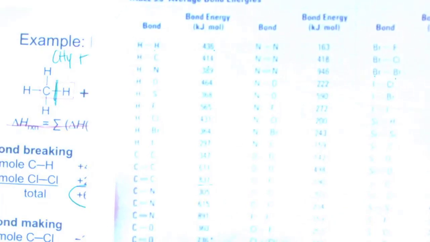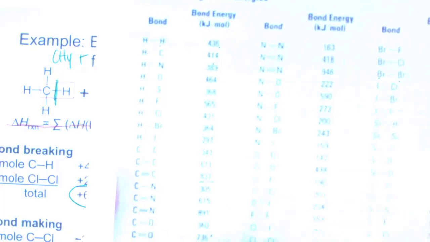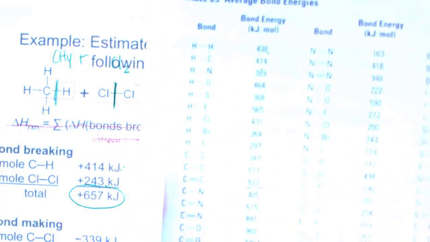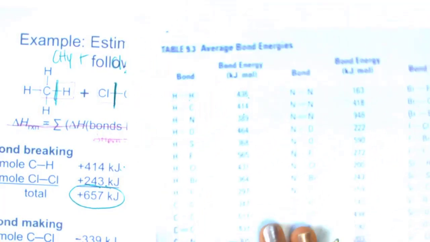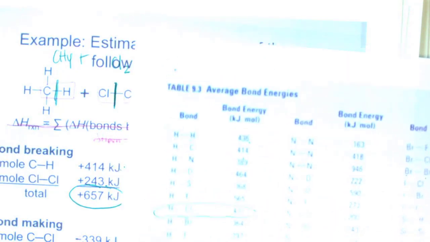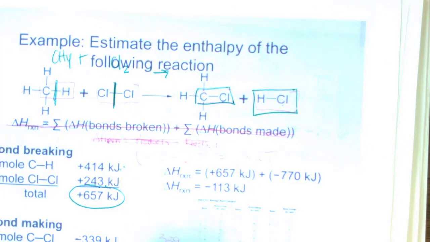But we're not breaking them, we're making them, so it's just going to be the opposite sign. So negative 339. And to create chlorine and hydrogen is 431, but again, that's negative. So we need to add these up to get negative 770.